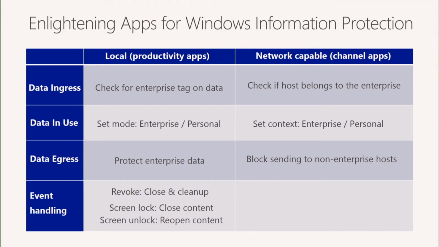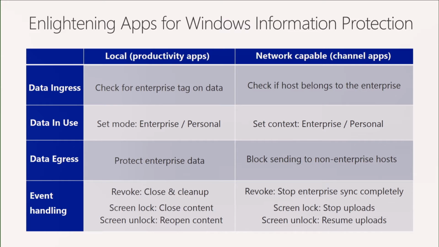When data is leaving, again, you know whether your data is enterprise and you know whether the endpoint is enterprise. Block egress if it's enterprise going to personal. When revoke occurs, stop enterprise sync. Right? You don't want to have that terrible cascade delete problem I talked about. On screen lock, you'll need to stop enterprise sync completely, and when it comes back, you can start your uploads again.